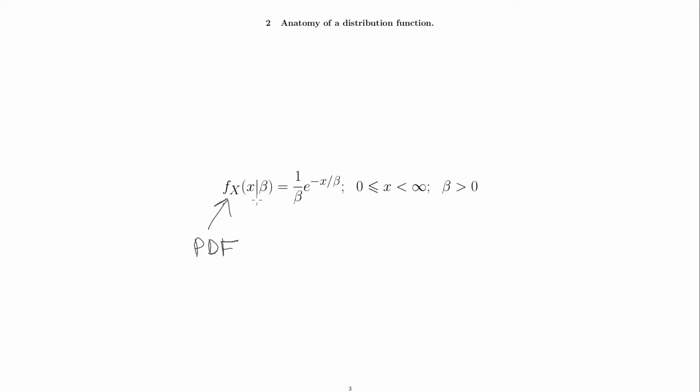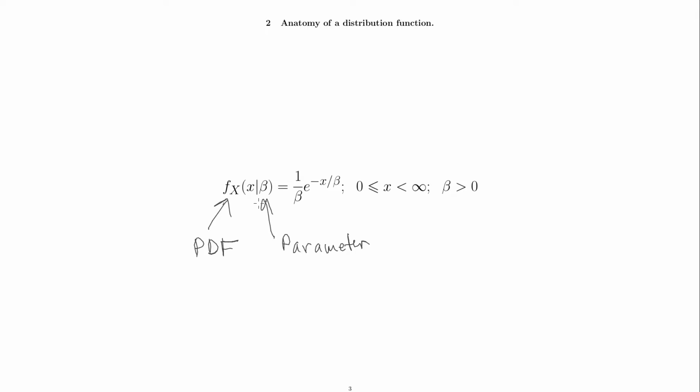But there's something new here that we didn't have last time, and that's this beta. And this beta is a parameter of the distribution, which can define some of its properties, such as the mean or the variance. And so this can be read as little f under x of x given beta.